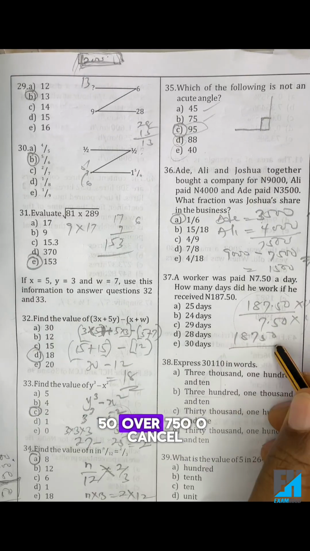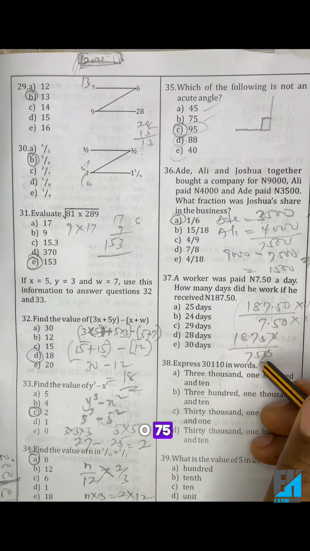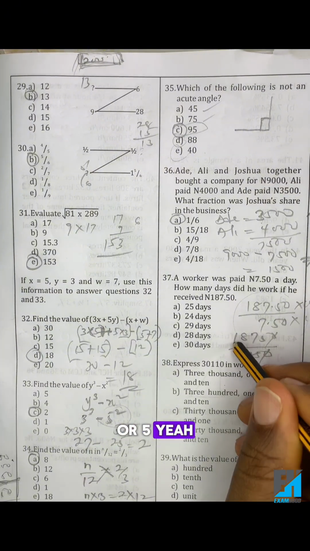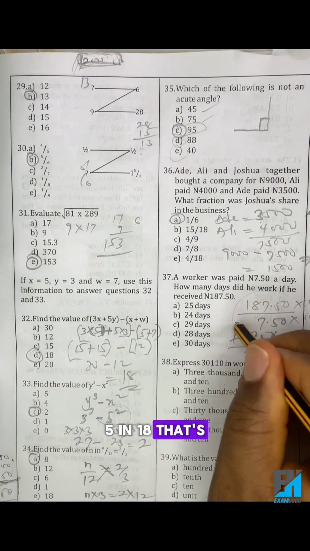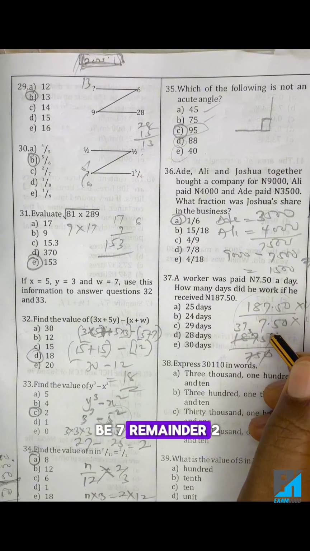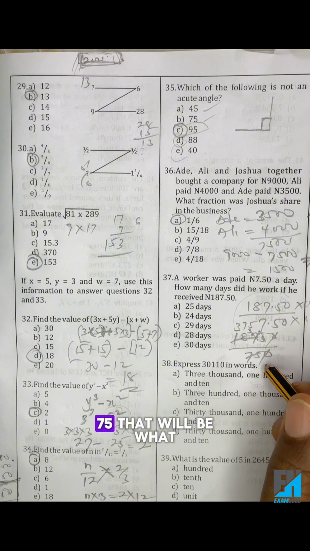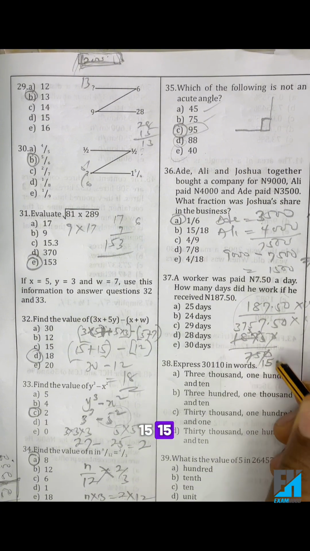That would be 18750 over 750. 0 cancels 0. 75, or 5 here. 5 in 18 is 3, remainder 3. 5 in 37 is 7, remainder 2. And 5 in 25 is 5. And 5 in 75 is 15.